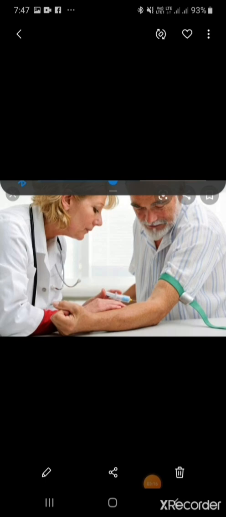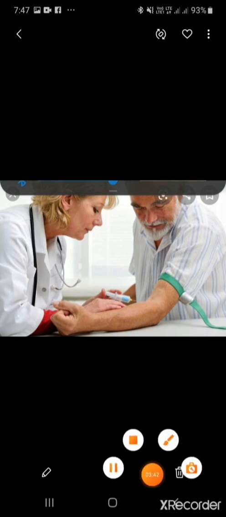Students, have you ever been to the doctor and they taken a blood test? How did they make you feel? Obviously, it's a bit scary, but it doesn't hurt that much when they take the blood out from you. So basically, they take a little bit of your blood in order to send it off for testing.